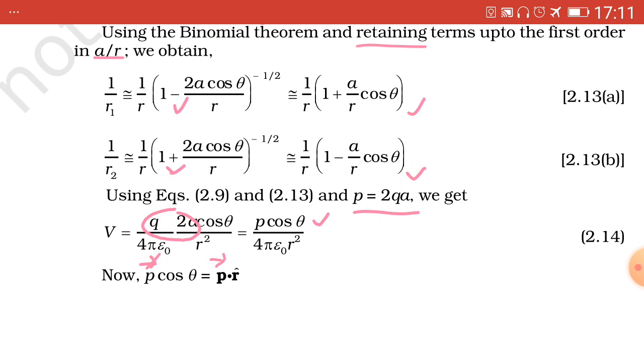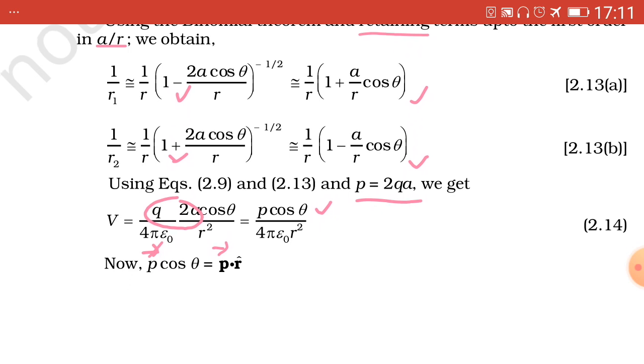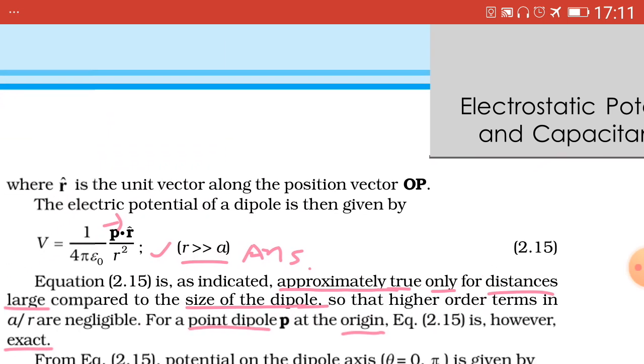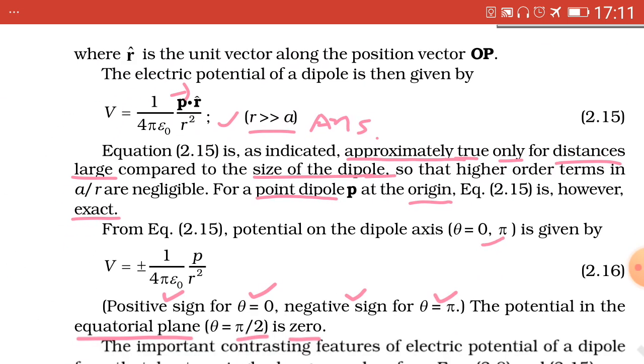So this will be equal to P cos theta upon 4 pi epsilon 0 r square, equation 2.14, and in vector form P cos theta equals vector P dot r hat, and r hat is the unit vector along position vector OP.